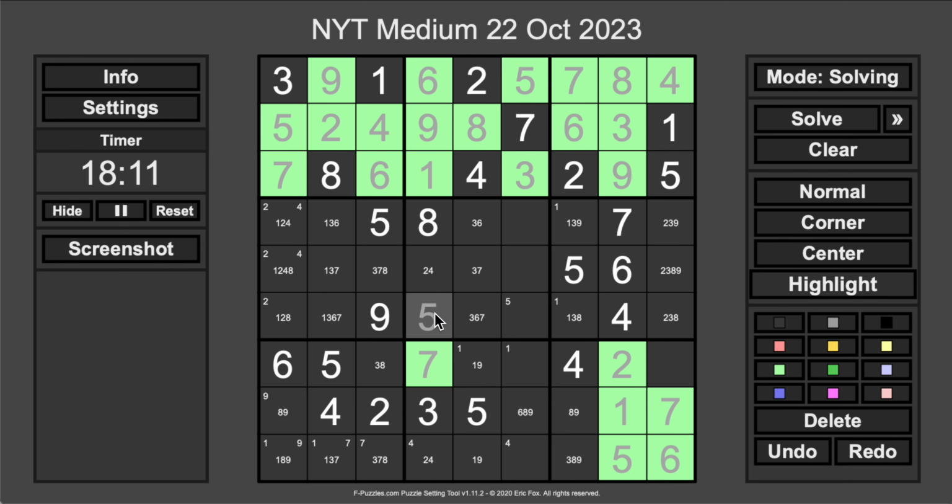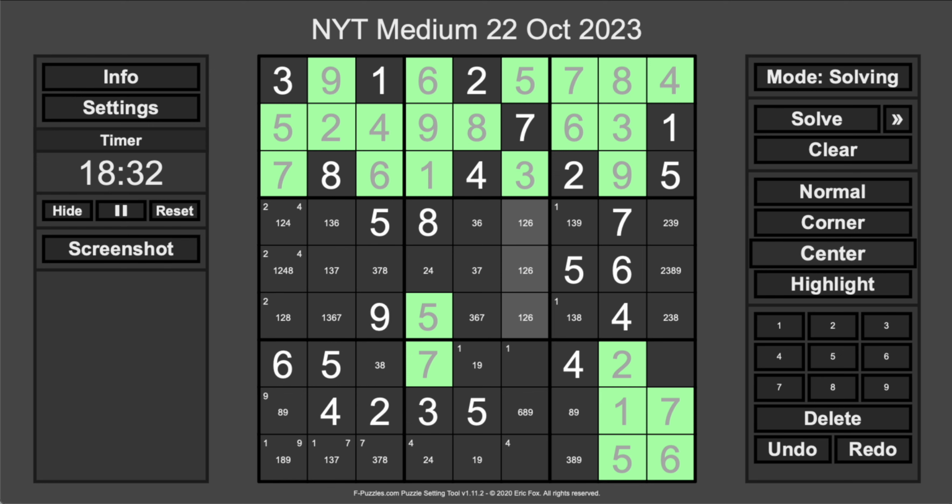Let's see, I've got 3, 5, 7 in column 6. Well, this isn't 5. Now, I need 1, 2, 6, 8, 9 for the rest of the column now.